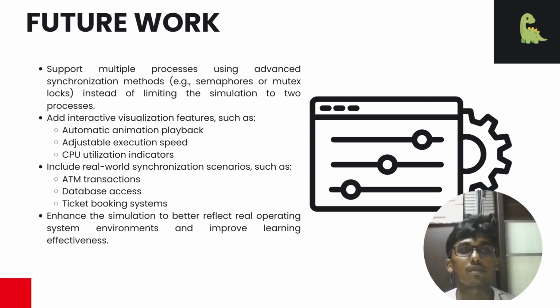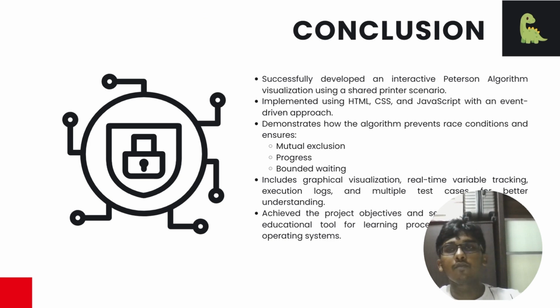We would also like to include real world synchronization scenarios, for example, ATM transactions, database access, or ticket booking systems. And also we would like to enhance the simulation to better reflect a real operating system environment and improve the learning effectiveness.